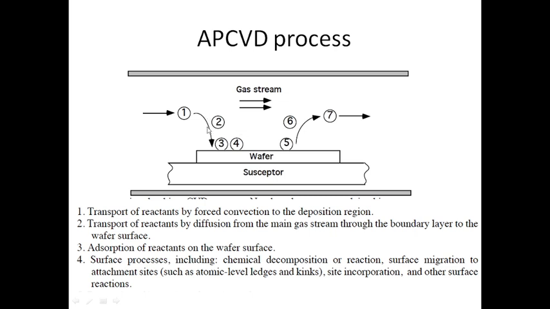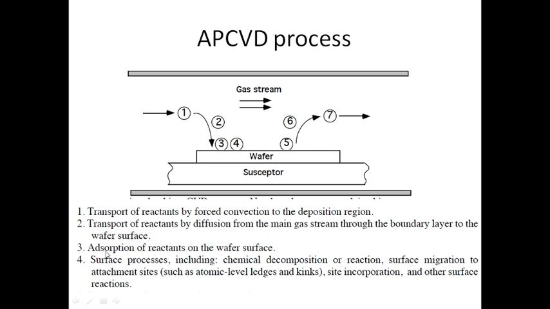This is the boundary area where the deposition is going to happen. Some of the constituent material is going to drop down here. You can see the transport of reactant by diffusion from the main gas stream through the boundary layer to the wafer surface. Now we're just dropping it out.